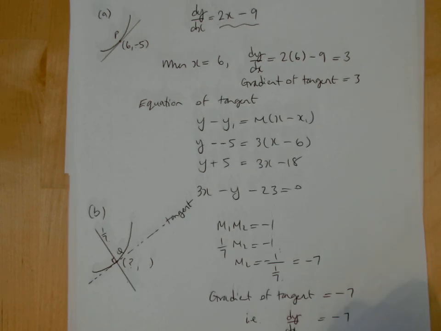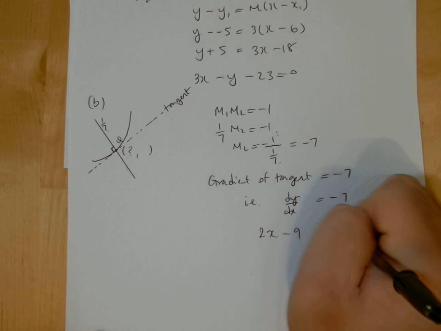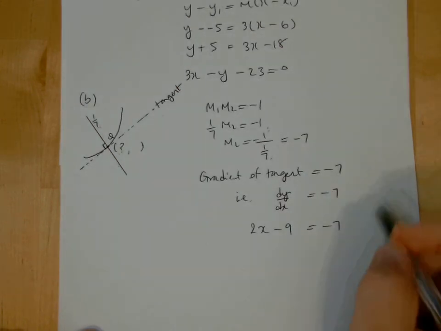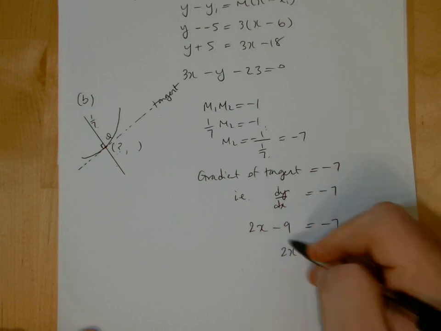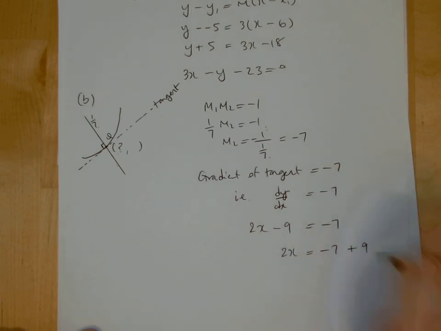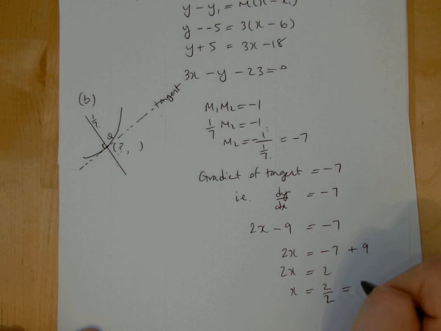So we'll have 2x minus 9, which is the gradient function, equals minus 7. So then to get the x value, we just solve the equation. Take the minus 9 over, becomes plus 9. Work that out, you get 2. And then, of course, your x value has got to be 2 divided by 2, which is just 1.